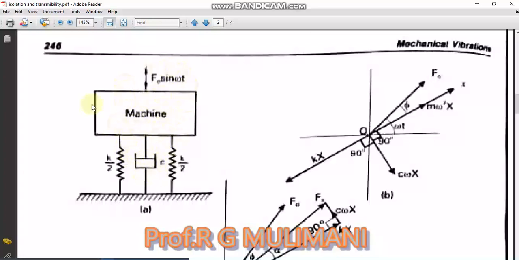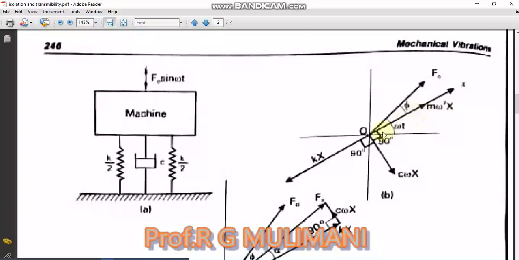Overall, what are the forces involved in this system? It is shown here. We already know the relationship between each force. Here m omega square, as we discussed in the previous session, is the inertia force due to the eccentric mass.